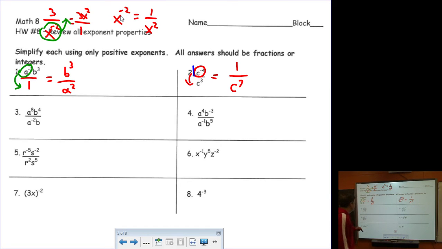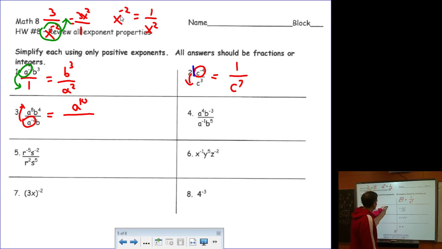Number 3. The a's that are on the bottom need to move to the top. So that gives me 8 a's that were already on top and 2 more a's that are moving up there, a total of 10 a's on top. Now let's look at the b's. The b's have 4 on top and 1 on the bottom, right?